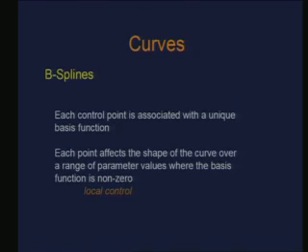So what we observed in the case of B-splines is that B-splines enable us to define, for each control point, an associated unique basis function, right. So in turn, the way a point on the control polygon affects the shape of the curve is in a range of the parameter values.